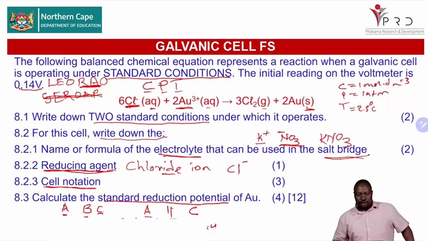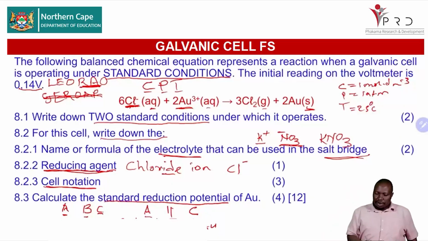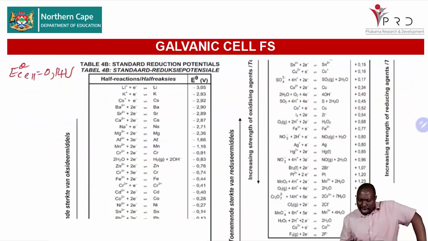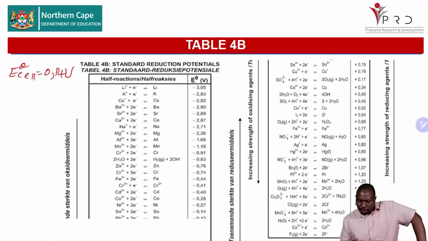The EMF is 0.14. And chlorine, do you have chlorine on the table? You go to the table, you look for chlorine, and if you check nicely, you are going to get your chlorine there. Cl2, which is 1.36.